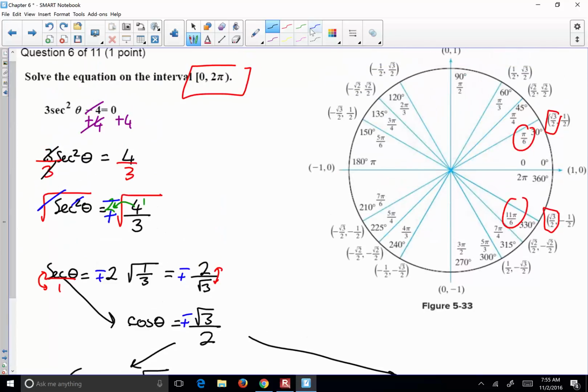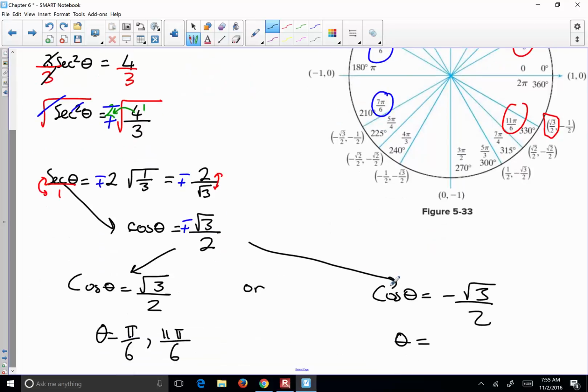What are they? This, right? 5 pi over 6 and 7 pi over 6, right? Are these all from 0 to 2 pi? Yes. So we are all set.